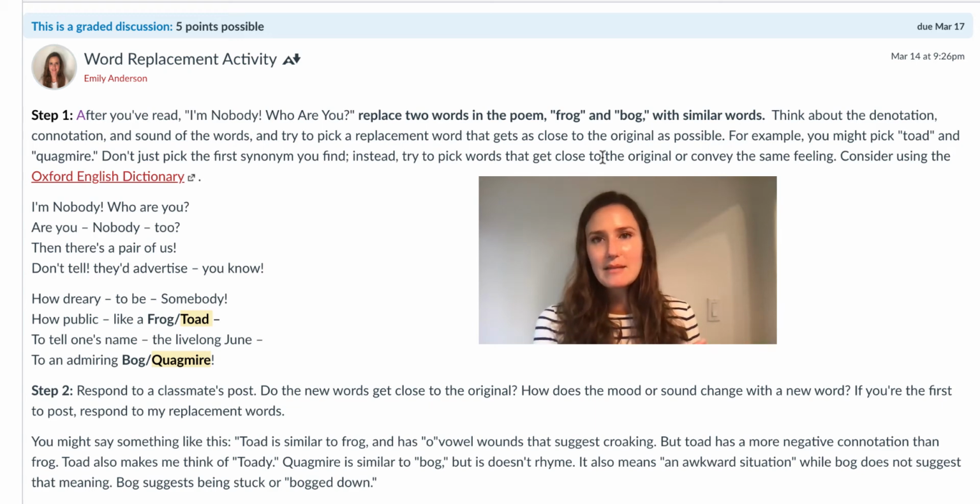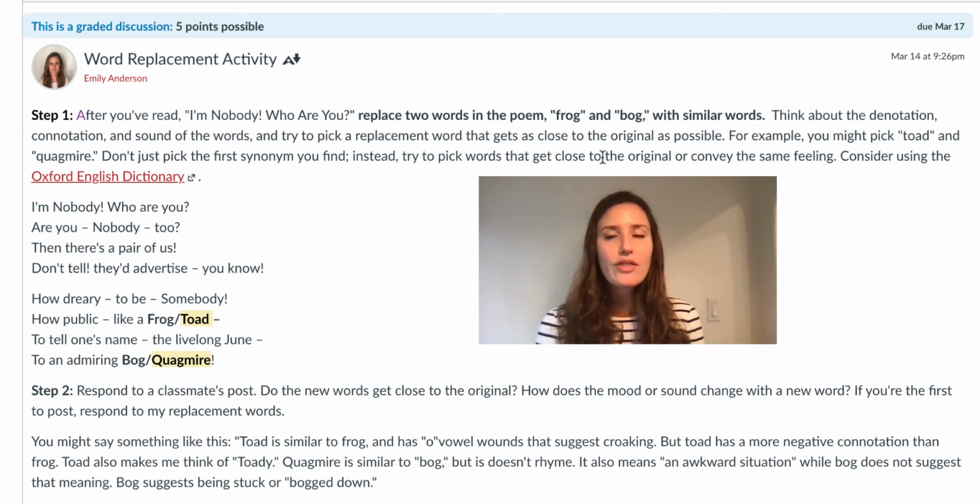That might mean just using a synonym, using your thesaurus. But I'd like you to think a little bit more creatively. You might try to find a similar word in terms of the mood or the emotion it conveys. For example, I chose a pretty simplistic and obvious one, toad, frog and toad.